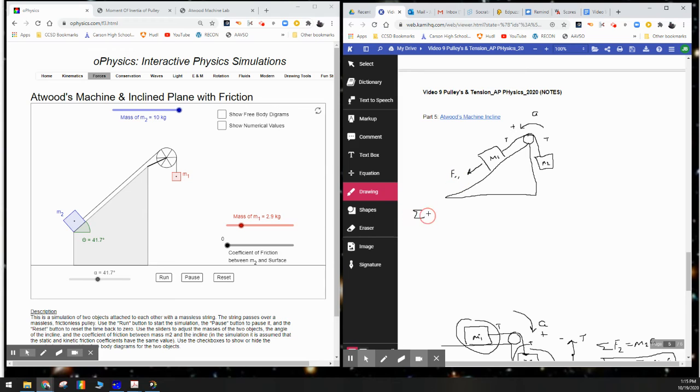So I'm going to do sum of the forces is equal to M1A, like so. So positive is going down the ramp, tension is negative. So we're going to have here mg sine of theta minus tension is equal to M1A, like that.